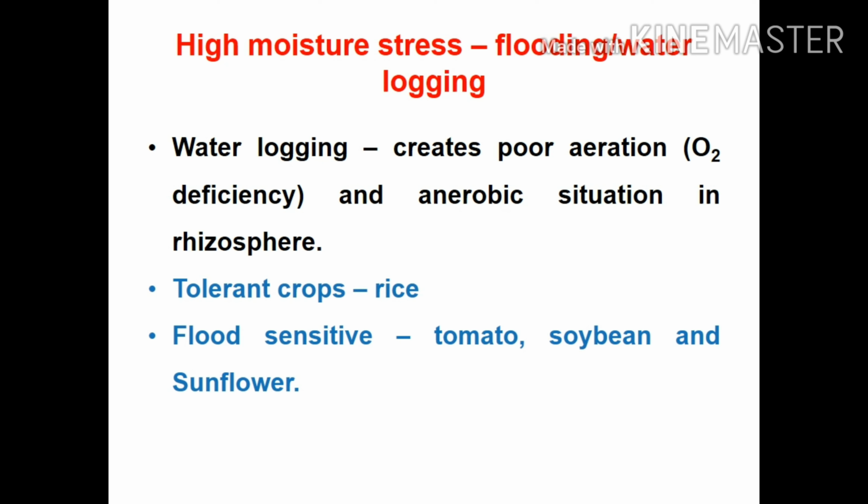And the next stress is high moisture stress, that is nothing but flooding or waterlogging. Waterlogging creates poor aeration, that is nothing but oxygen deficiency and anaerobic situation in the rhizosphere. Rice is the tolerant crop for oxygen deficiency, whereas tomato, soybean and sunflower are very sensitive crops.